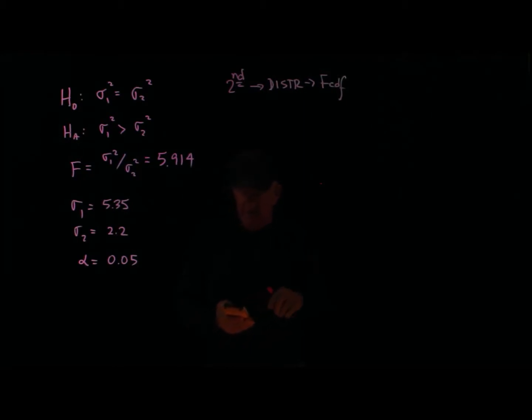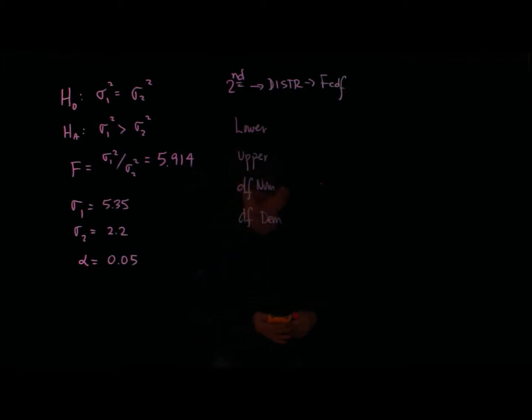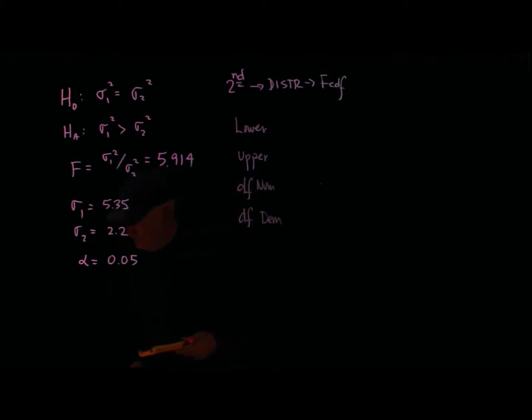Here's FCDF, and what it wants to know is what is the lower value, what is the upper value, what is the degrees of freedom for the numerator, and what's the degrees of freedom for the denominator. Okay, so let me fill these things in for you here now.